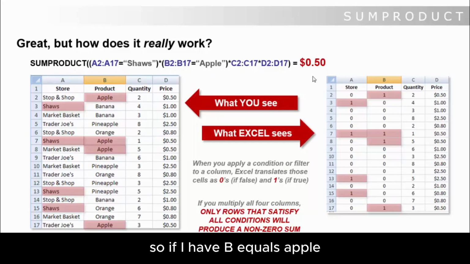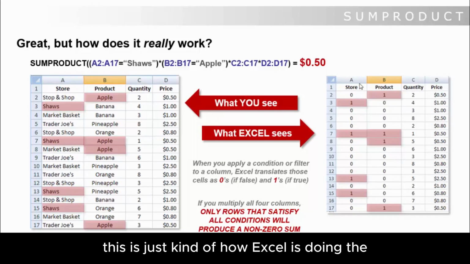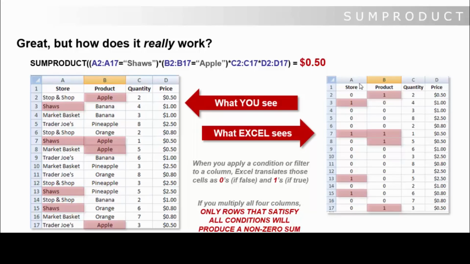So if I have B equals apple, it's going to look like a 1 every time the product is apple, a 0 otherwise. And again, you don't actually see these ones and zeros. This is just how Excel is doing the math behind the scenes.